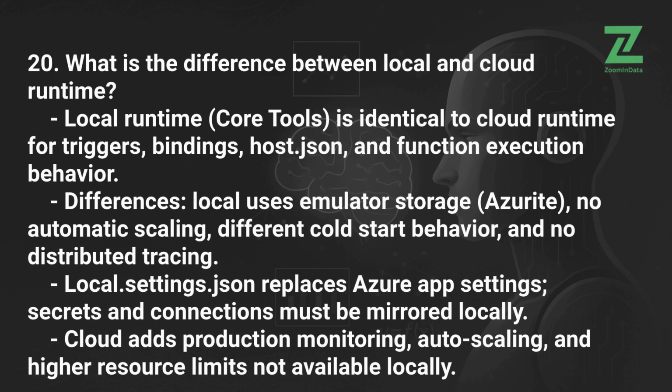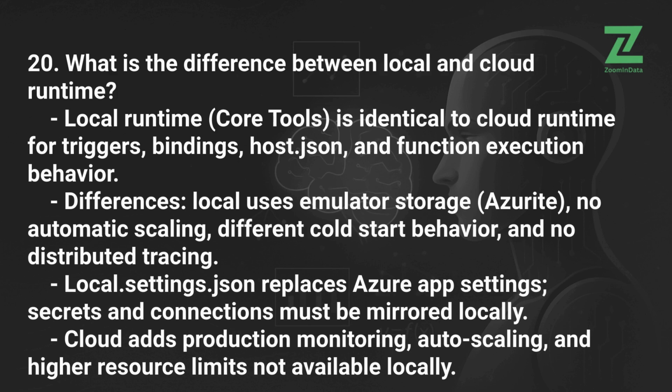20. What is the difference between local and cloud runtime? Local runtime, Core Tools, is identical to cloud runtime for triggers, bindings, host.json, and function execution behavior. Differences: local uses emulator storage, Azurite.